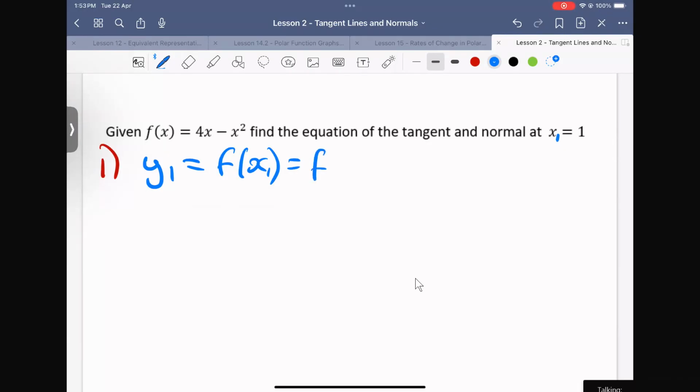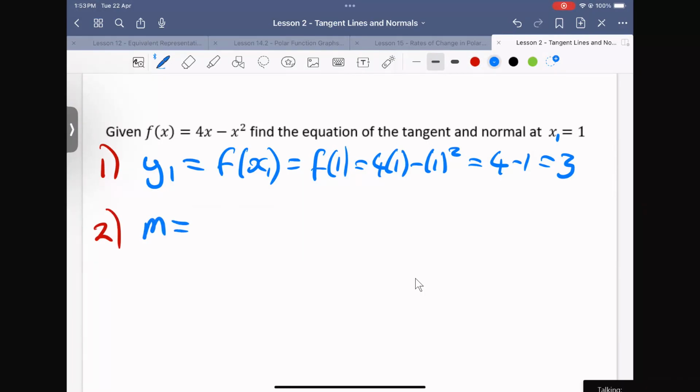Let's find f of 1, which will give 4 times 1 minus 1 squared, which will give 4 minus 1, which is equal to 3. Next, we need to find the gradient. So the gradient m is equal to f dash of x1, which in our case is f dash of 1. So we need to find the derivative.